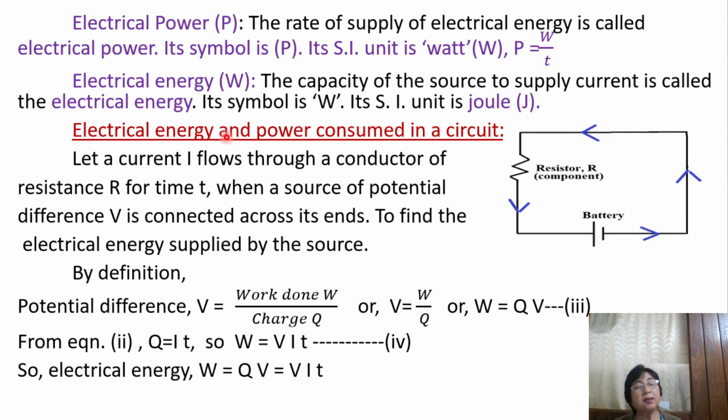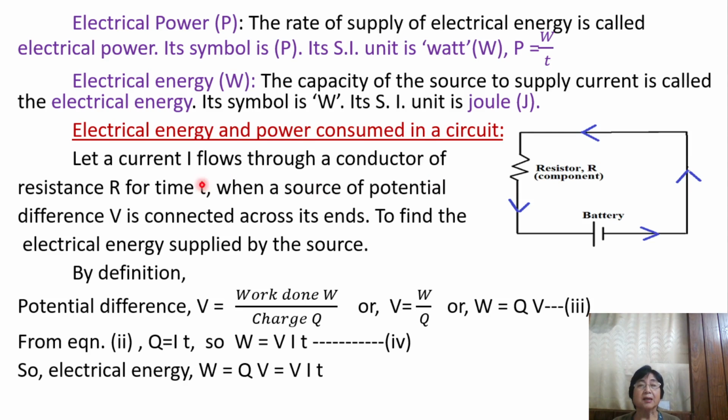Then electrical energy and power consumed in a circuit. Here we have the simplest electric circuit, where we have only the battery. Of course, we can also have the key here. From the battery, the current will flow, and we have a resistor here. Usually a conductor which has resistance, we call it a resistor.